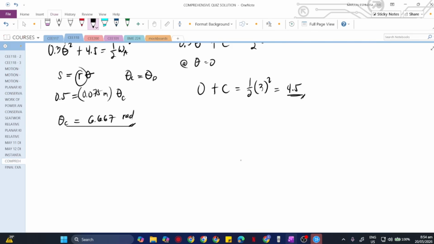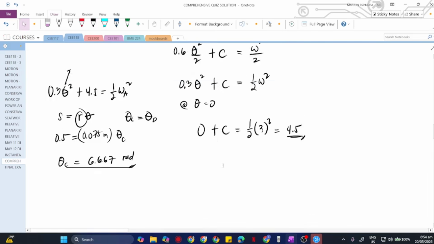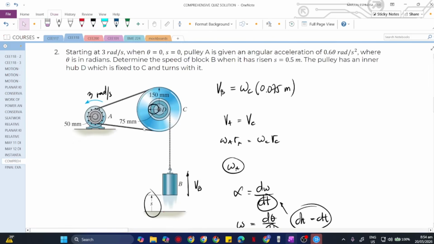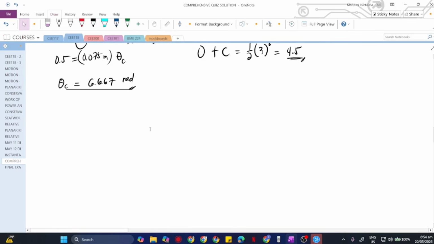Sorry, class. Now, pero yung gagamitin natin dito na omega is ωA, ha? To relate ωC and ωA, we can simply use the relationship of ωC and ωA such that yung S natin na minove ng ating belt is equivalent sa S na minove ng ating block.